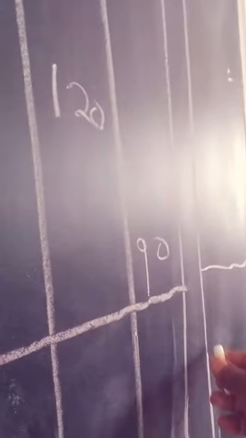Finished? Okay. After doing this much, you do one thing. You give a line from here like this and this side also, and again here.